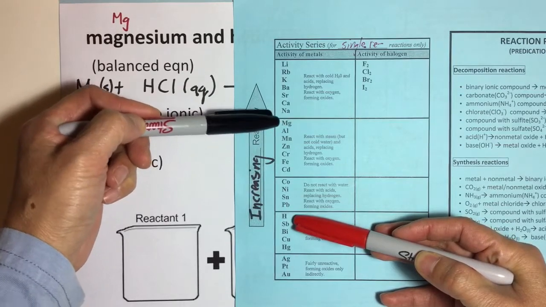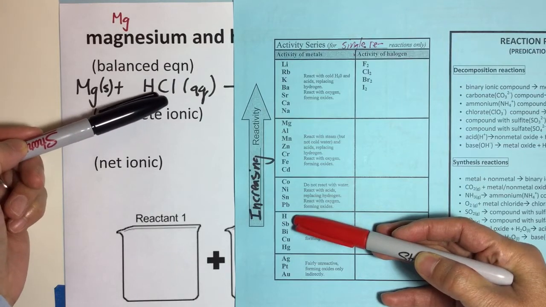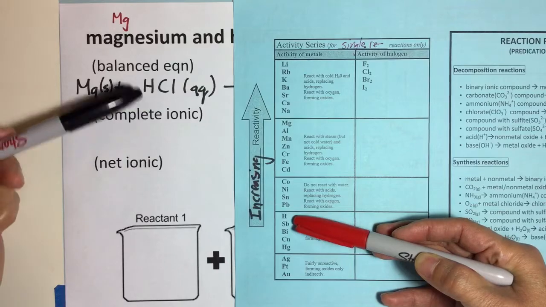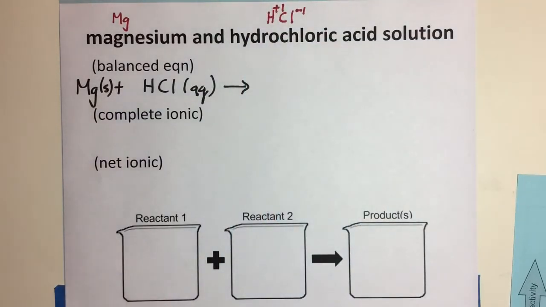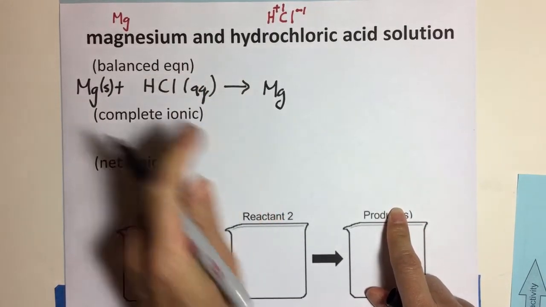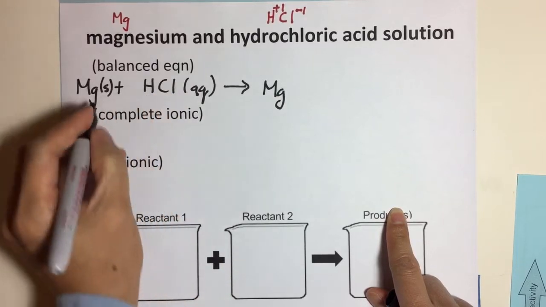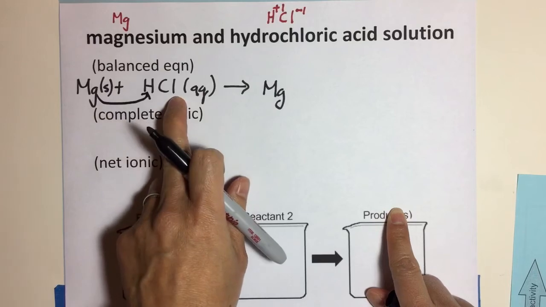That means magnesium is going to bond more readily with the chloride ion than the hydrogen will. So it's going to kick the hydrogen out. In kicking the hydrogen out, magnesium is now bonded ionically with the chloride ion.